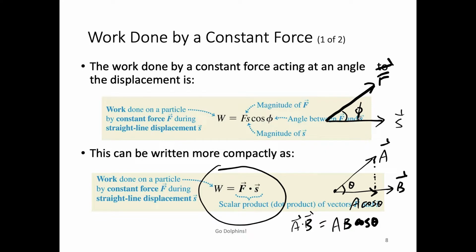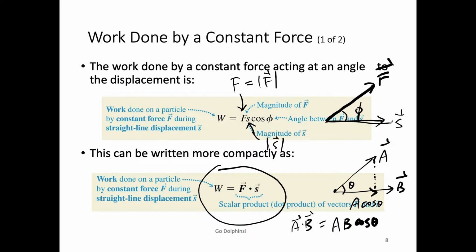Then the work is the magnitude of F, and the same thing, S is the magnitude of S, times cosine phi, where phi is the angle between the vector F and the vector S. F is force, S is displacement. So this is how we calculate the work done by a force if the force and the displacement have an angle.